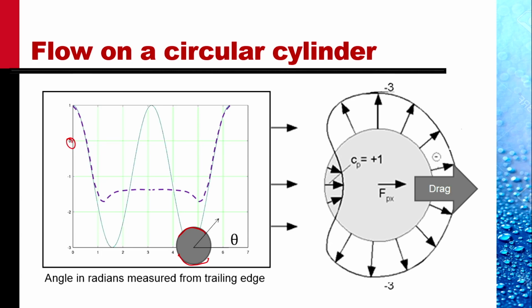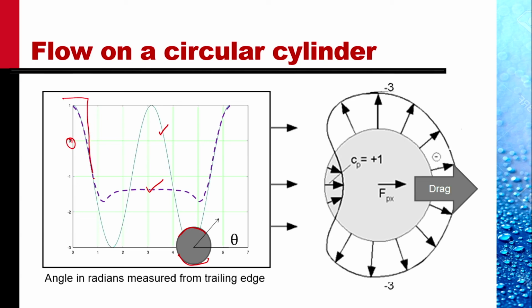We plot this coefficient on this chart. This is the measured pressure coefficient on a laminar flow about a circular cylinder. And this is the Euler prediction.